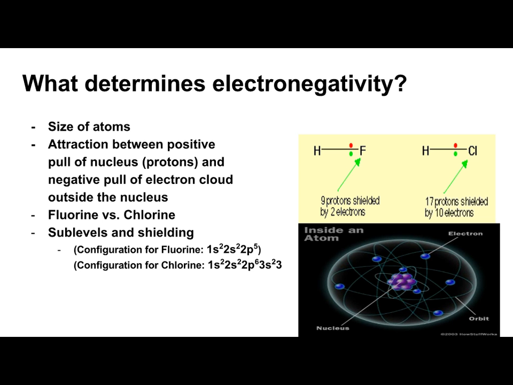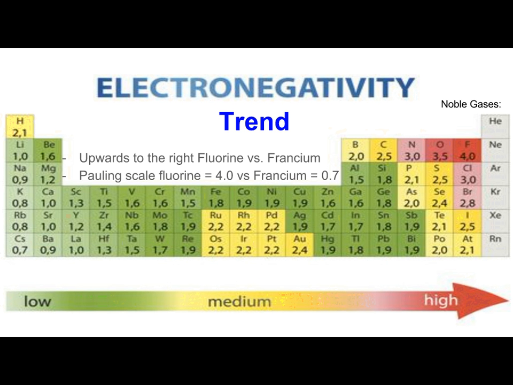Its electron configuration is 1s2, 2s2, 2p5, so it only has to overcome the shielding of 1s2 to pull in electrons on the outside, whereas chlorine has two sublevels to get past for shielding. So this is the electronegativity trend. It goes to the right and up. Francium is the least electronegative with 0.7 on the Pauling scale, and fluorine is a 4.